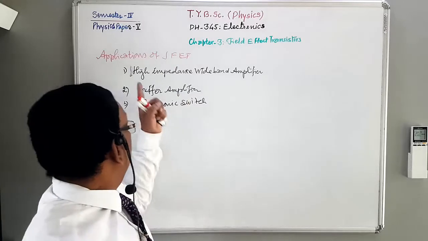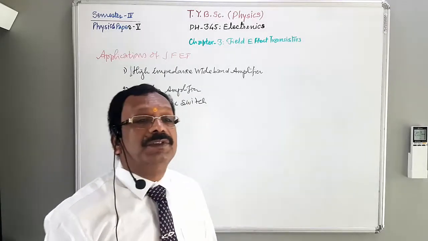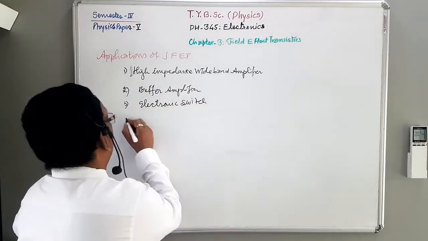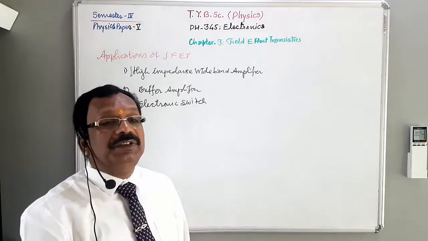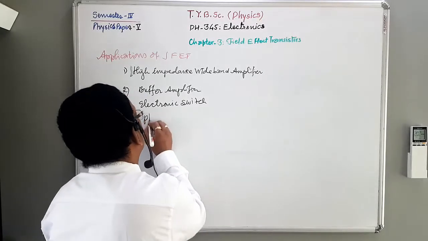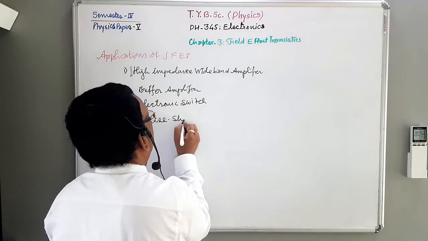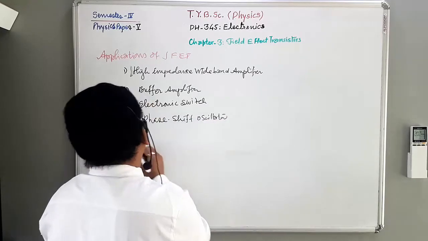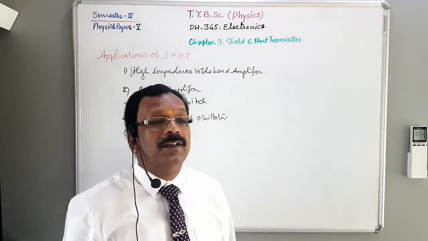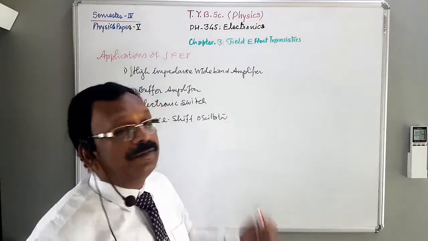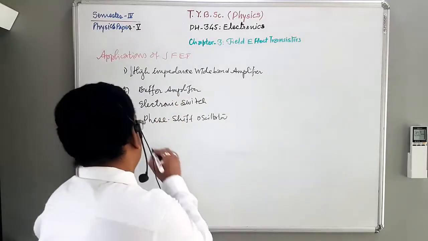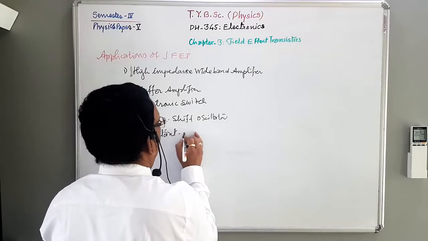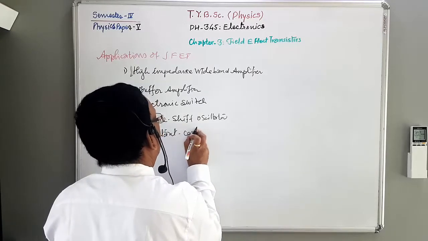FET is used as an electronic switch. Then next one, FET is used as a phase shift oscillator. Fifth one, FET is used as a constant current source. This is very important, constant current source.